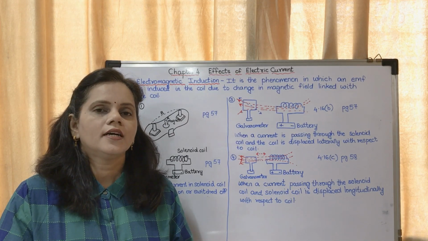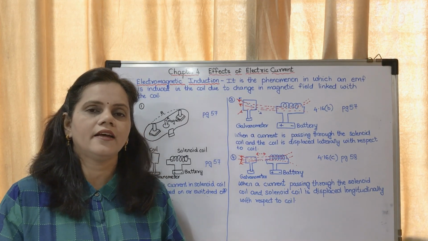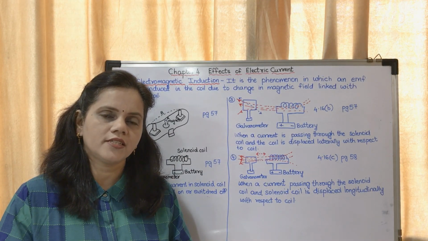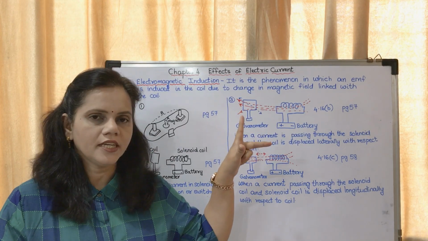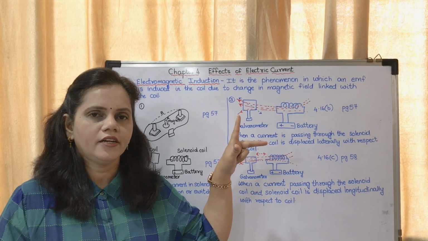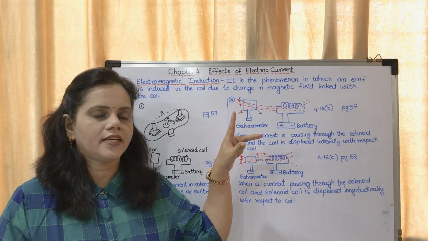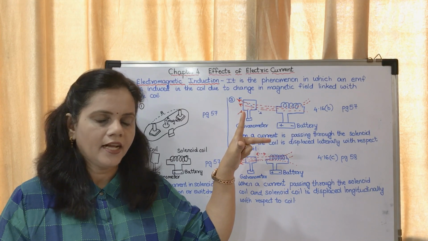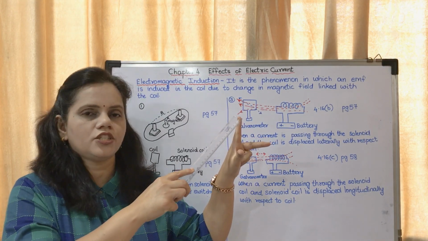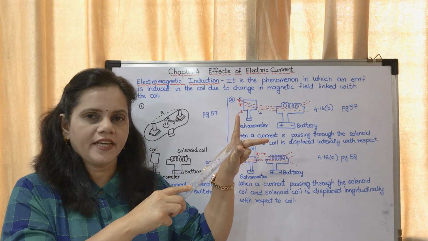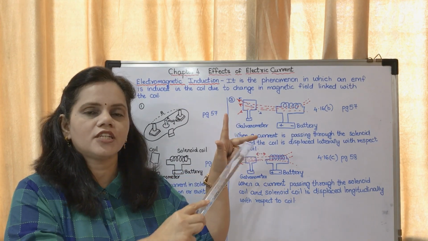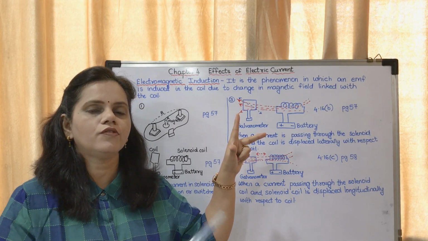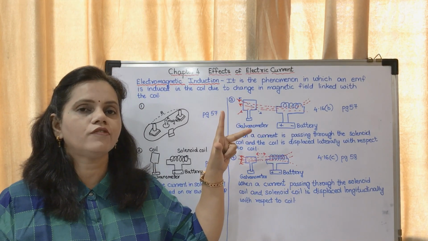Okay, so based on his study, Fleming's left hand rule was put forward. What did Fleming's left hand rule state? It stated that if you hold your left hand with your thumb, index finger and central finger mutually perpendicular to each other, and if the index finger shows the direction of magnetic field and the central finger shows the direction of current, then the thumb will show the direction of motion of conductor.